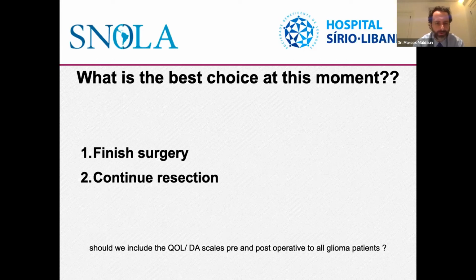So Dr. Null, do you think that we should include quality of life and daily activities scales pre and post-operatively for our glioma patients, and maybe help the surgeon to make a proper decision to be more aggressive or not, based on the daily activities and the function, or professional job or hobbies of our patients that can limit the extent of our resection?